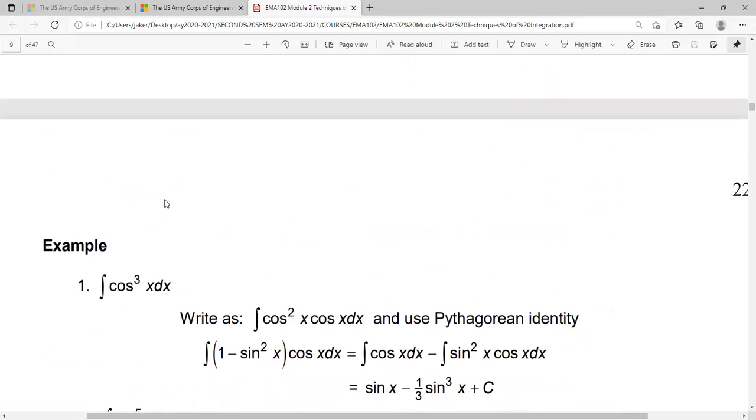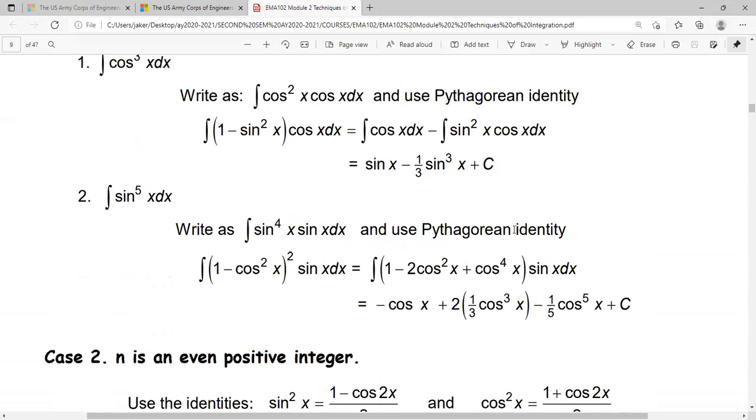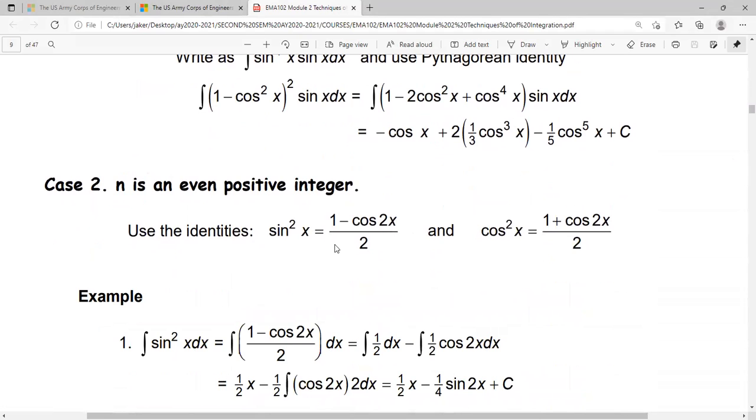So again, I'd like to emphasize that for case 1, you're using the identity cosine squared of x equal to 1 minus sine squared of x. In here, you will be using the double angle cosine identity.